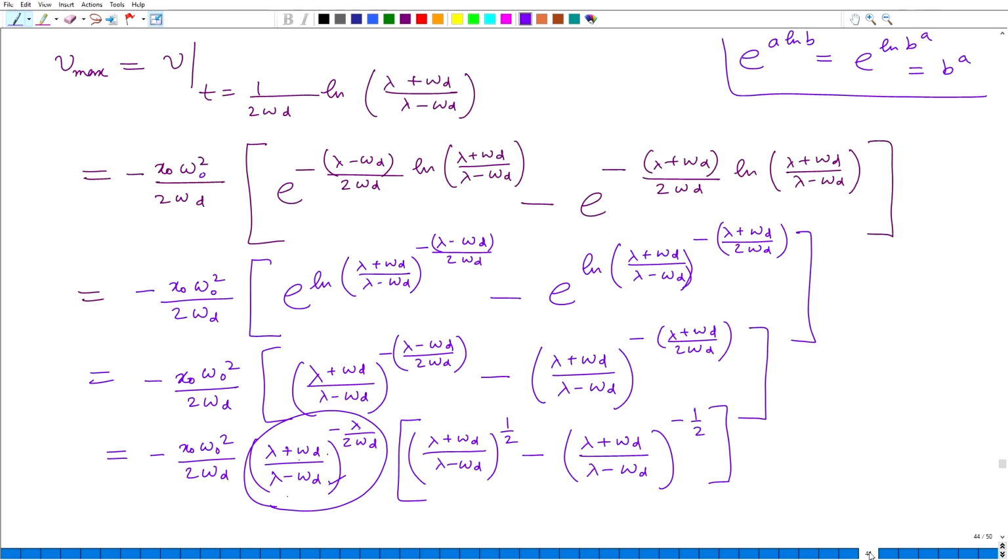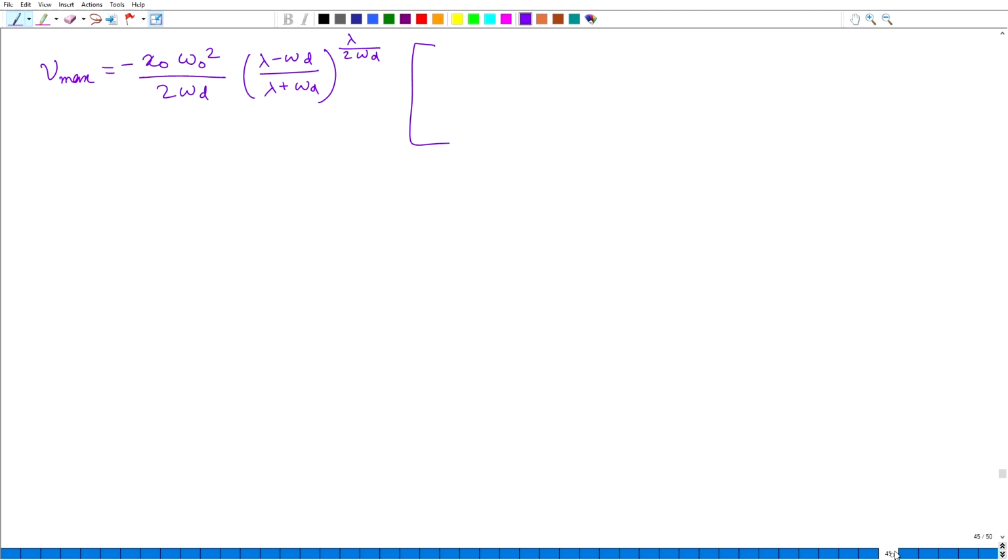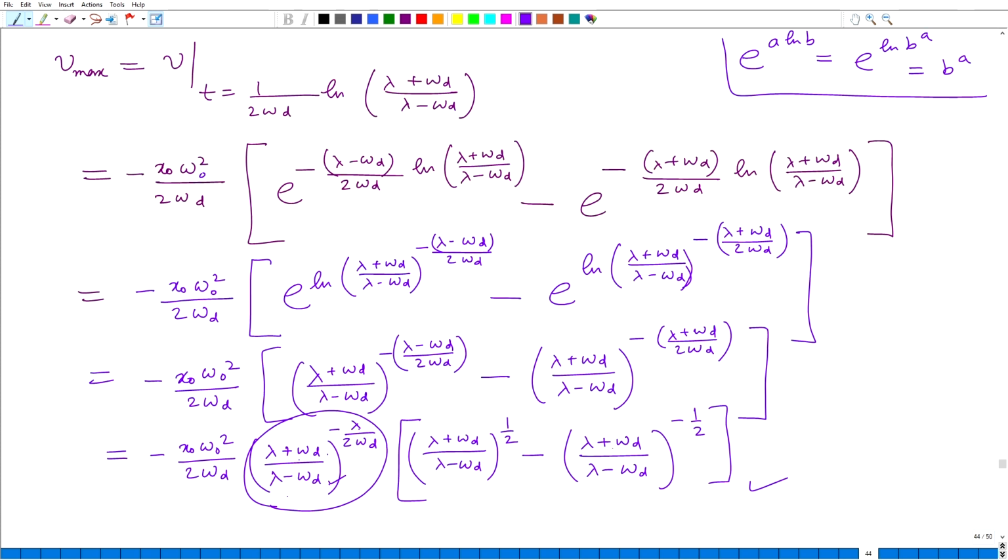Inside the bracket, you will see there will be a very interesting simplification. So, this term will be then, yes, lambda plus omega d by lambda minus omega d whole to the half, there is a minus sign, yes, and then lambda minus omega d by lambda plus omega d, there will be also a plus half sign, because this is lambda plus omega d over lambda minus omega d whole to the minus half.